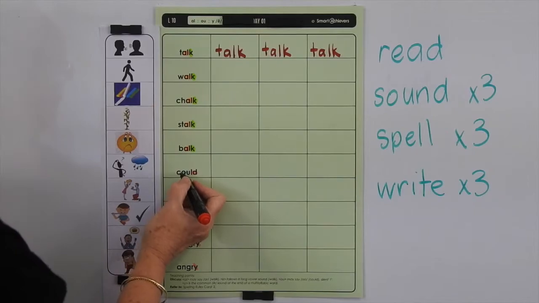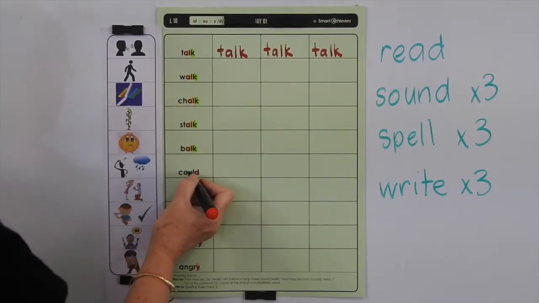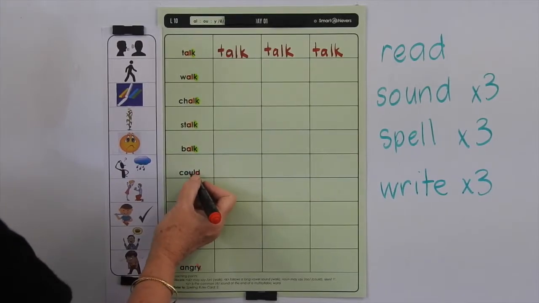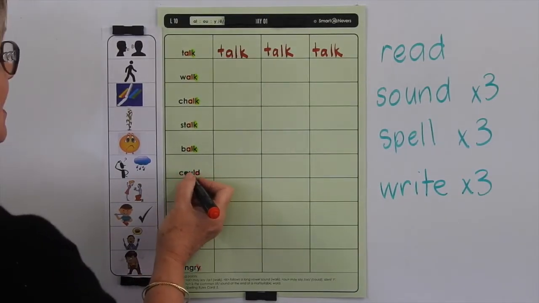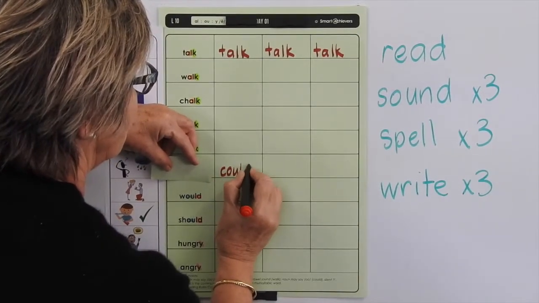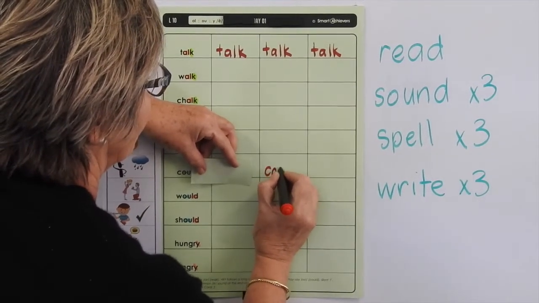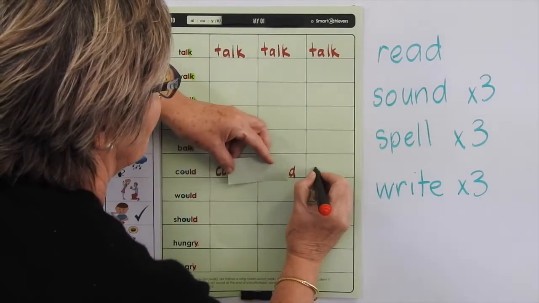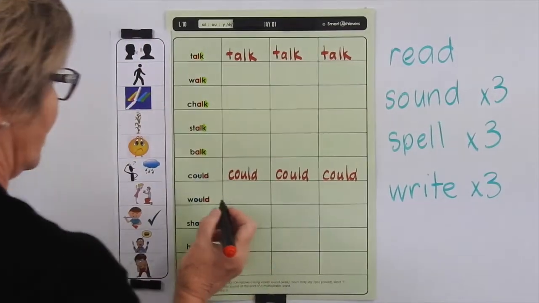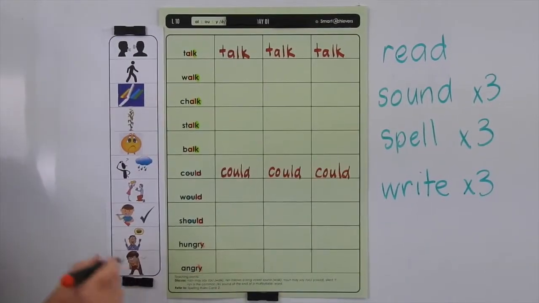Let's do could, C-O-U-L-D. Cover it, write it 3 times. Check it. When you finish, if you've made a mistake, rub it out and start them all over again. You can do the rest of those on your own.